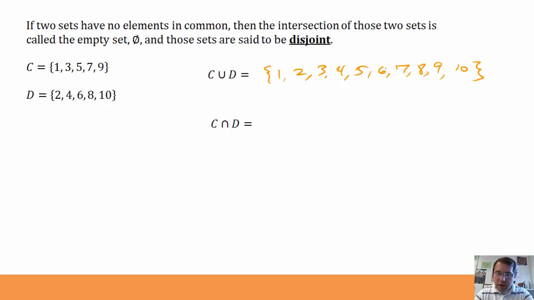C intersect D, the intersection of C and D, is only those elements that are in C and D. What are they? There are none. So it is the empty set. The intersection of C and D is the empty set. So C and D are disjoint sets. They have no elements in common. Okay?